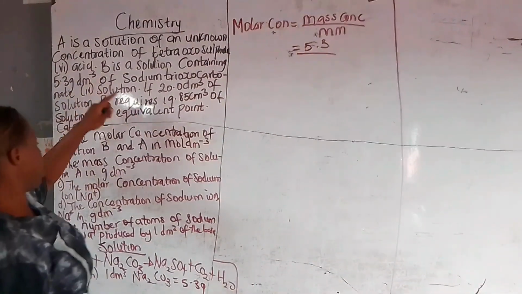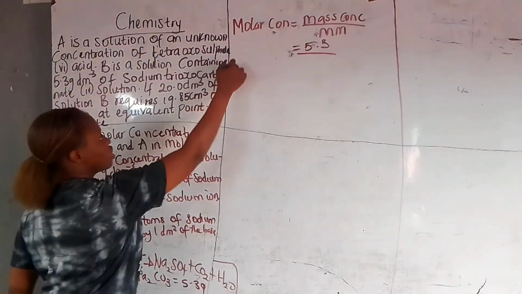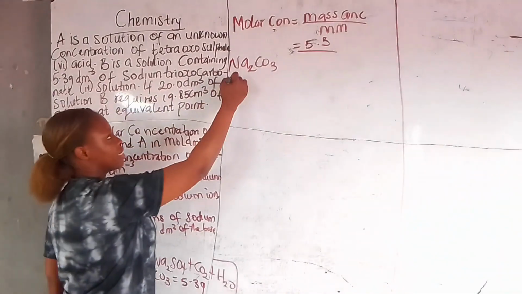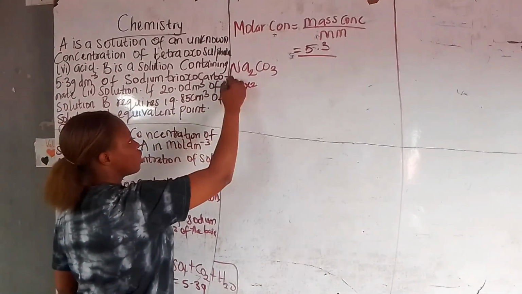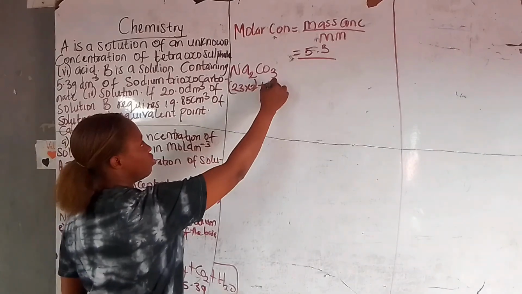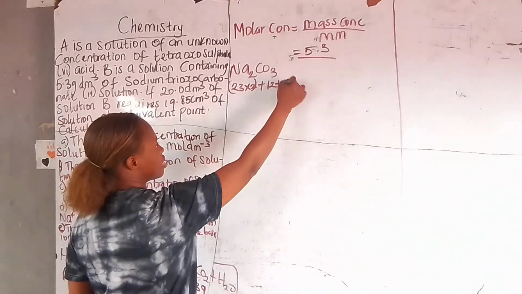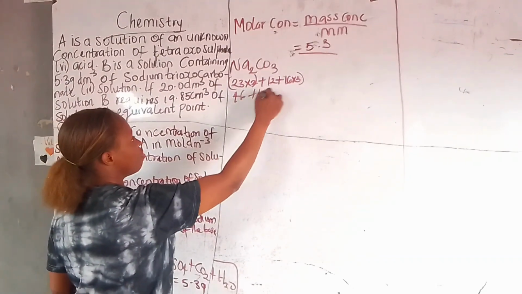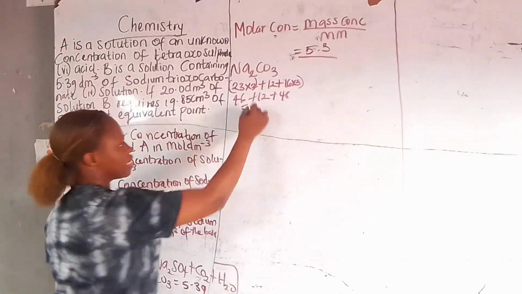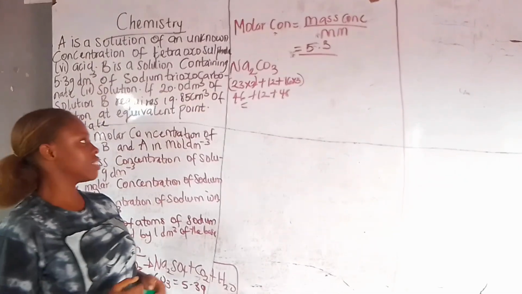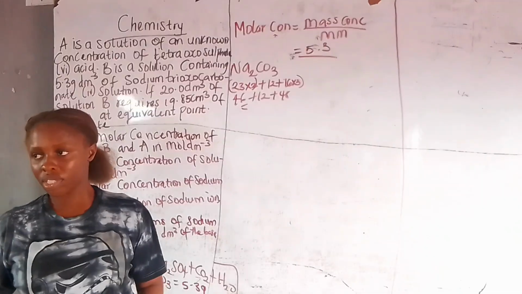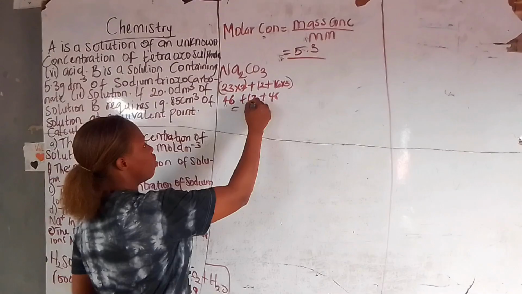What is the molar mass of Na2CO3? Let's do it by the side. Na is 23 times 2 plus C is 12 plus oxygen is 16 times 3. So you have 46 plus 12 plus 48. What is the answer, class? That gives you 106.